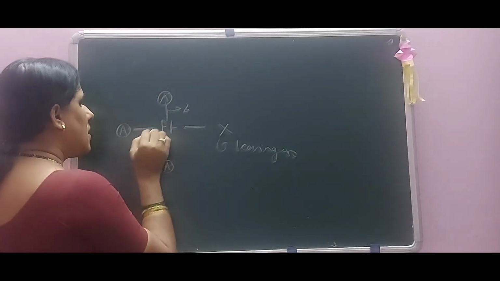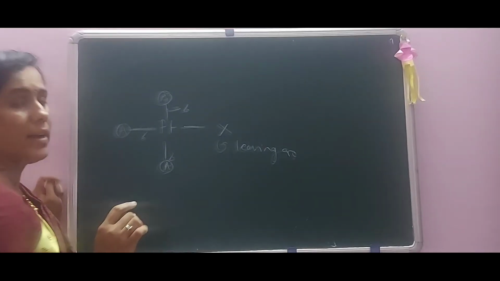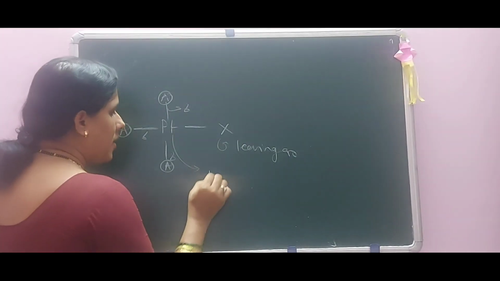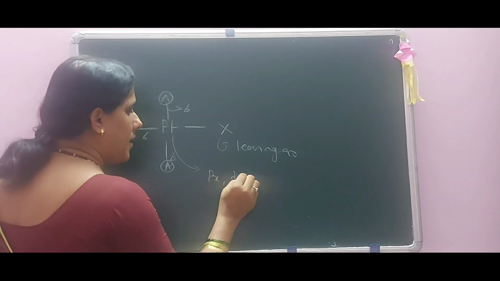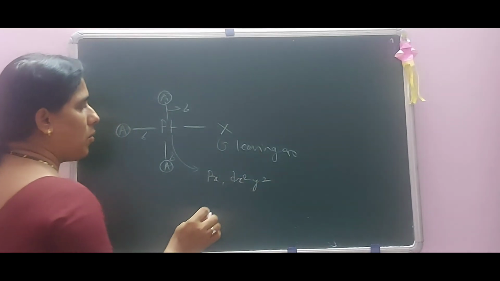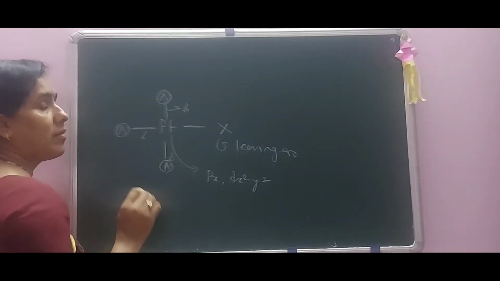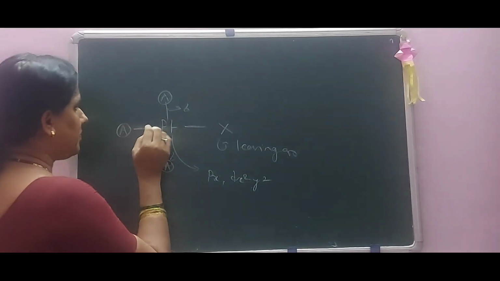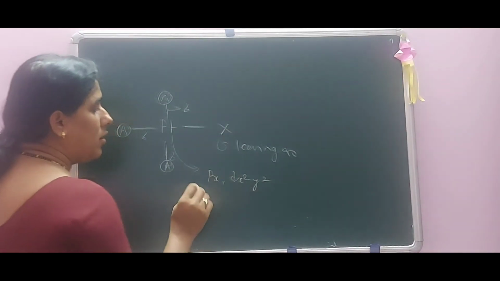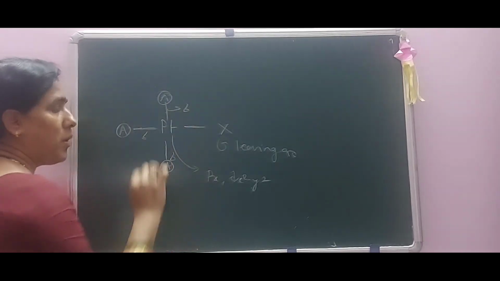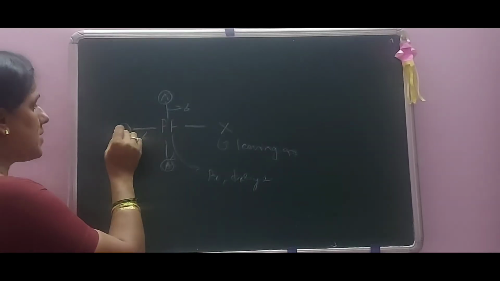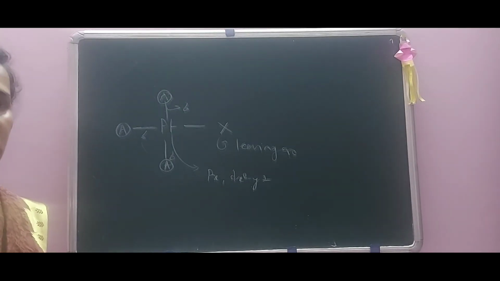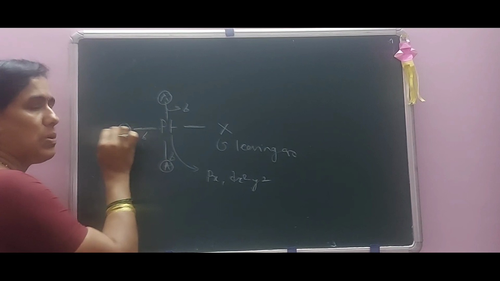These bonds are formed by the platinum and the ligands with platinum orbitals px and dx square minus y square. These bonds are nothing but strong bonds. Now in this case, platinum also donates its electrons back to its ligands like A, so a d pi p pi bonding, back bonding, also takes place.